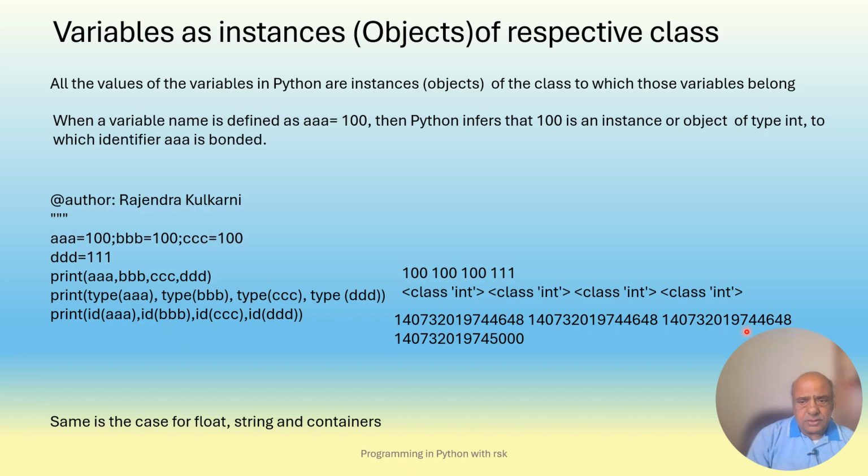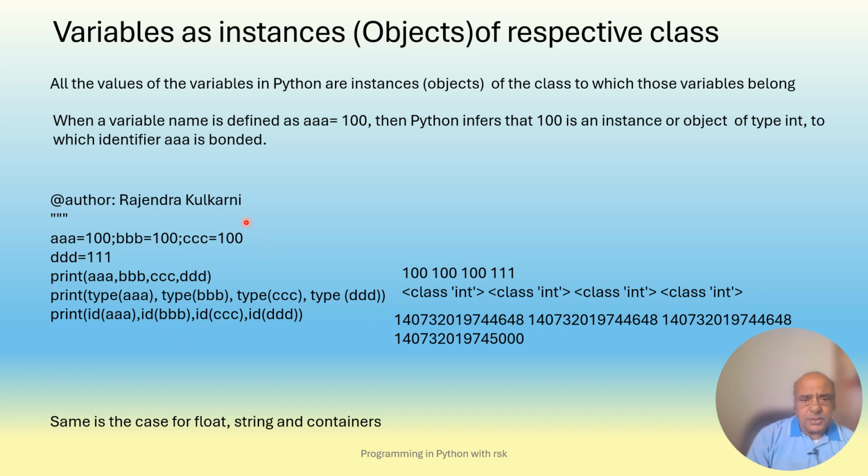ID of CCC is also ending with 4648, and ID of DDD is ending with 5000. So what we can see here, the ID of AAA, BBB and CCC is the same because the value is the same.